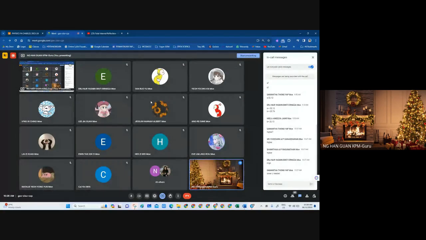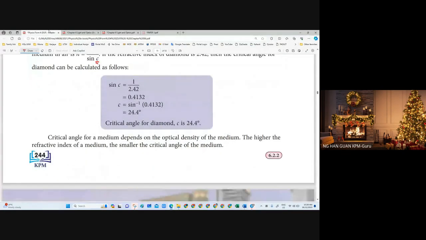When the critical angle is smaller, the incident angle will more easily be more than the critical angle. Once the incident angle is more than the critical angle, total internal reflection can occur. That is the question always asked in SPM for this subtopic.